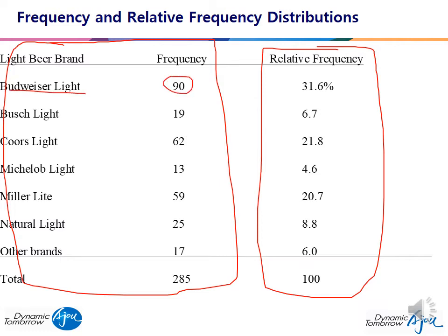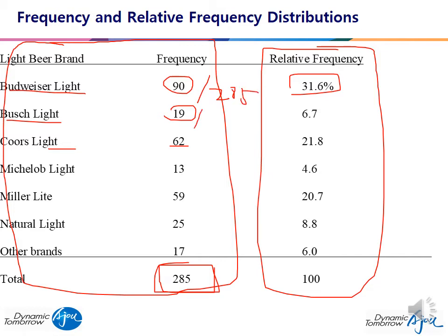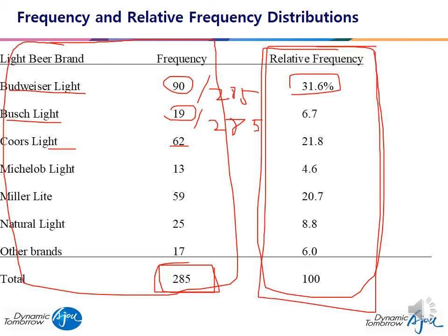For Budweiser Rye, 90 students selected it; Bush Rye, 19; Coors, 62, and so on, and the total number is 285 samples. How do you get this number? 90 divided by 285. Relative frequency for 19 is 19 divided by 285. Then you can see this relative frequency. You know how to get this, right?